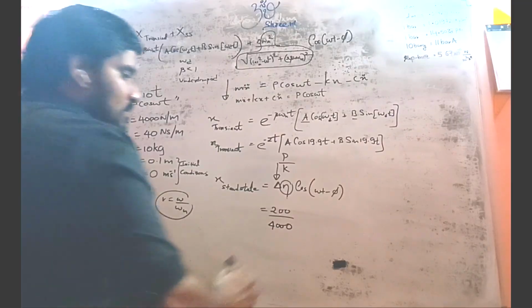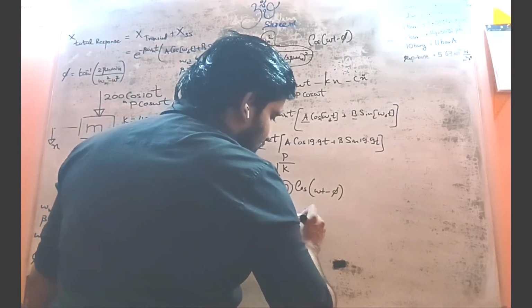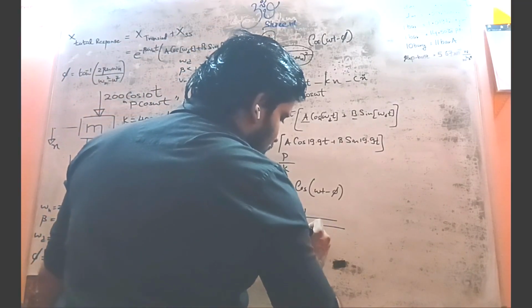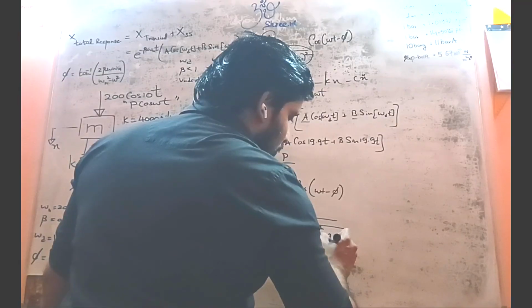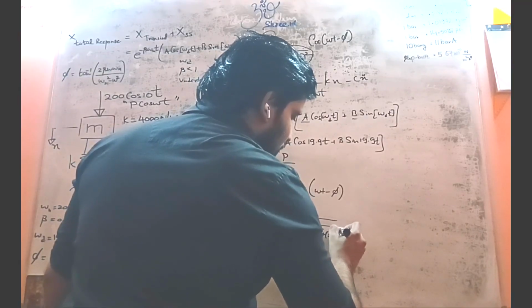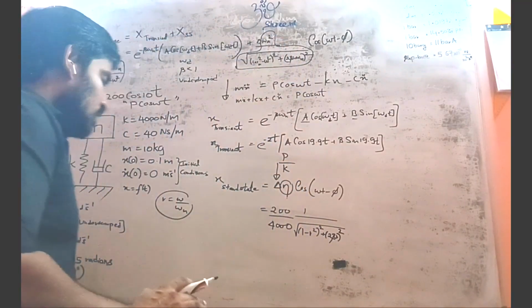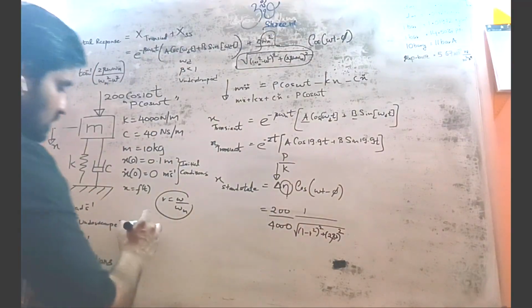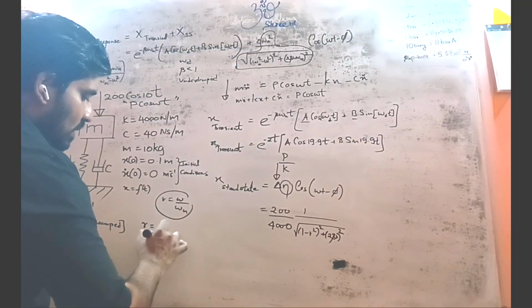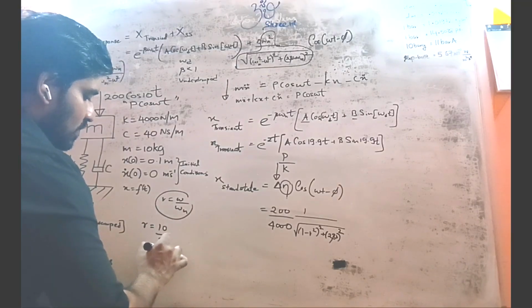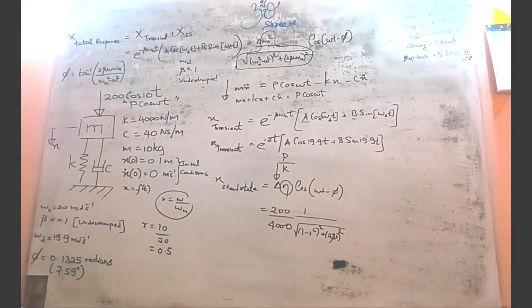What is the dynamic magnification factor? It is 1 divided by the square root of (1 minus r squared) whole squared plus (2 beta r) whole squared. So what is our r? This is the frequency ratio. We know omega is 10 and omega n is 20, so the frequency ratio is 0.5.